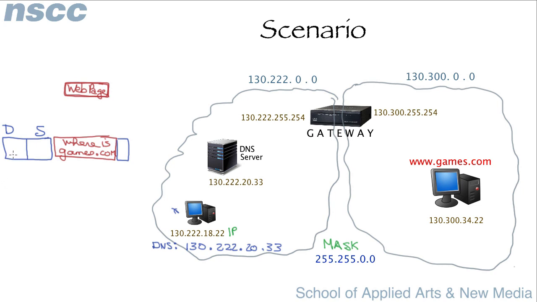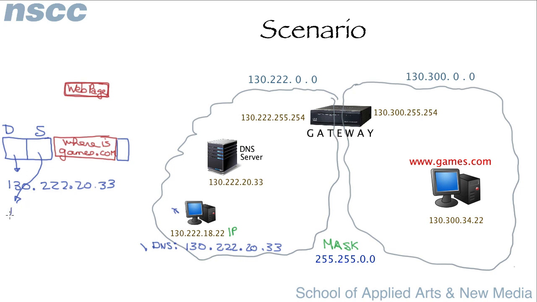Now the destination address for this packet is going to be 130.222.20.33. And it knows where to send it because that setting is inside its software. The source address is who's sending the packet.